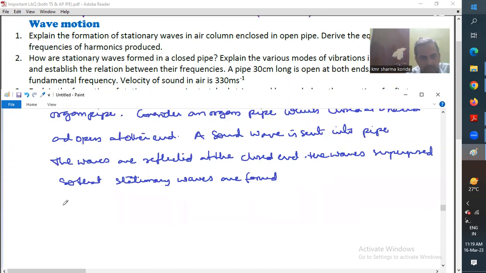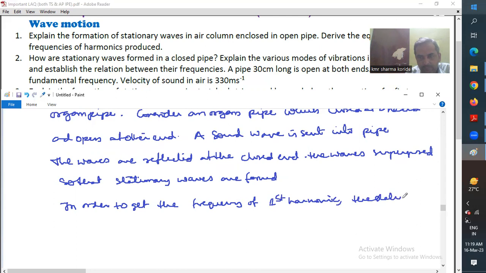In order to get the frequency of the first harmonic or fundamental, the stationary wave is formed with one node and one antinode.